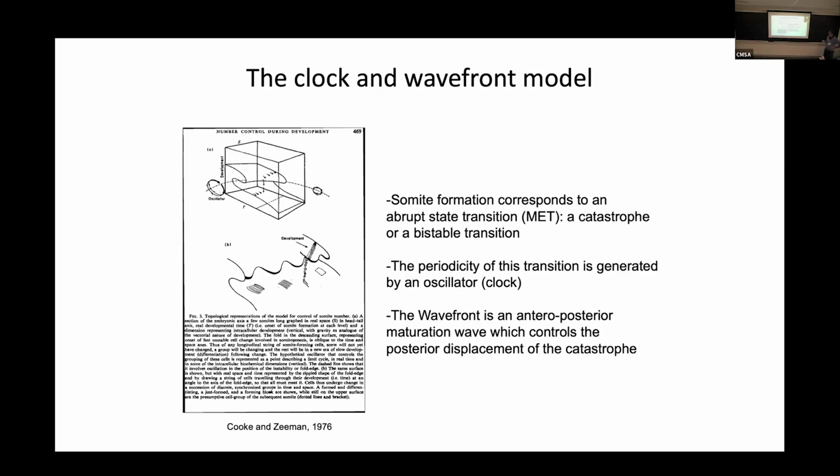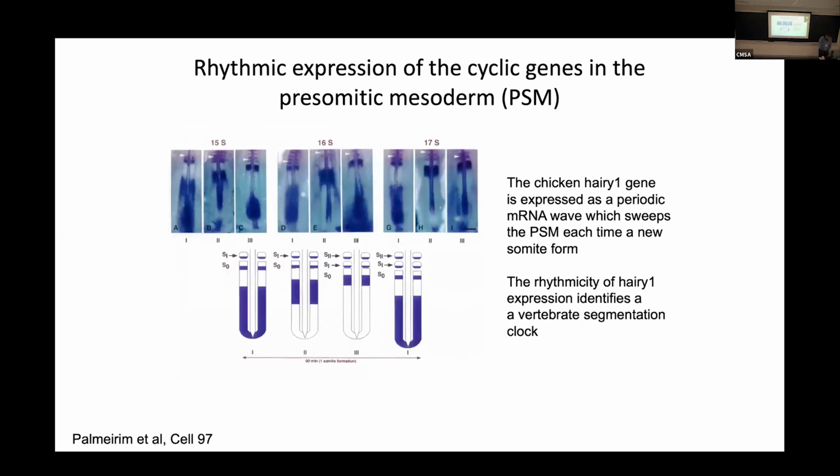At the time it was quite well known, and then it kind of got buried because there was no experimental support for it for a long time. And 20 years later or so, we found that there are genes that show this kind of periodic expression, which was predicted in the model.